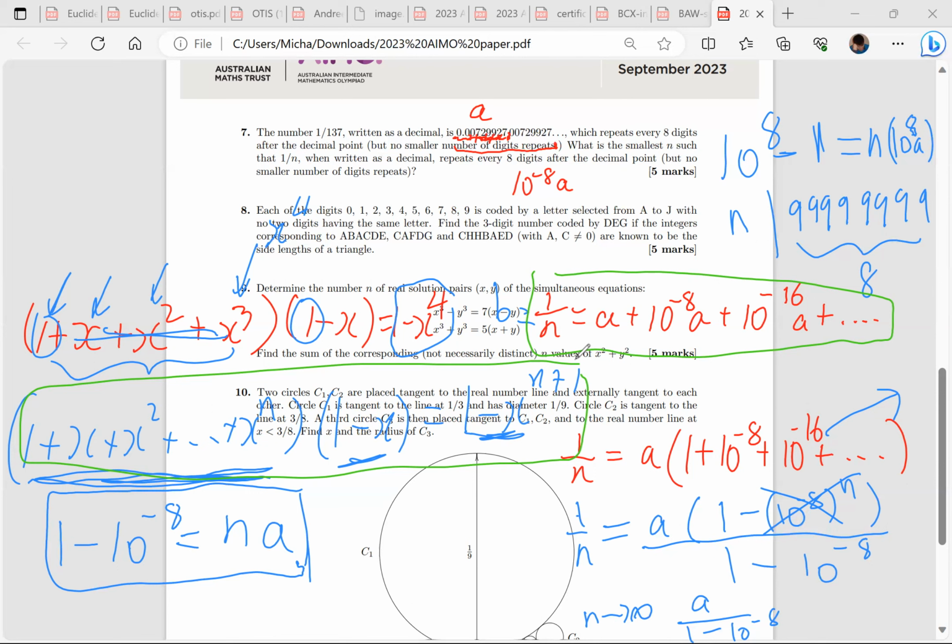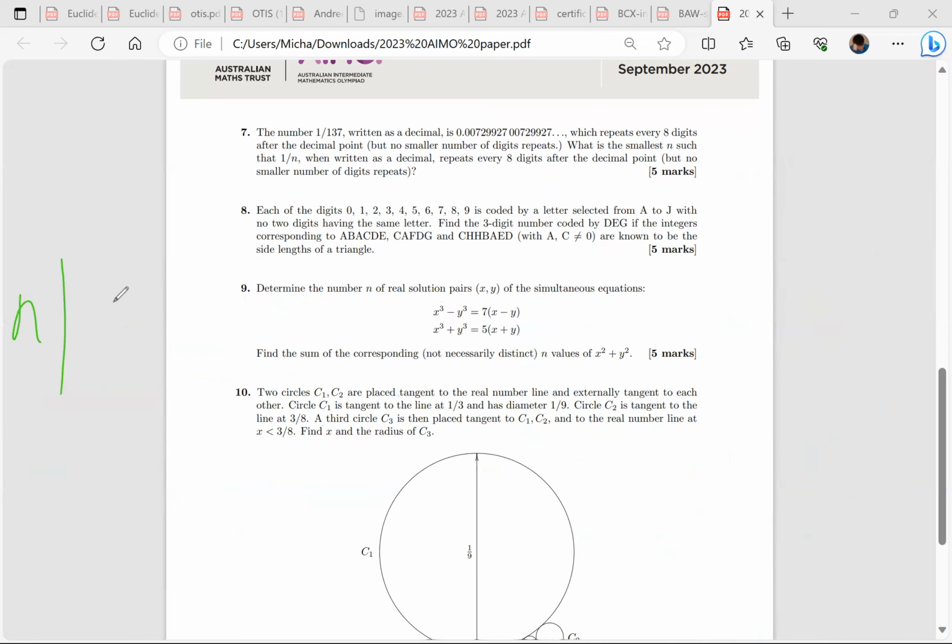So n divides 8 nines. Actually, we did test in Saturday class that 73 divides 8 nines. Turns out there is a smart way to factorize this. So our starting point of this problem now is that n divides something with 8 nines.